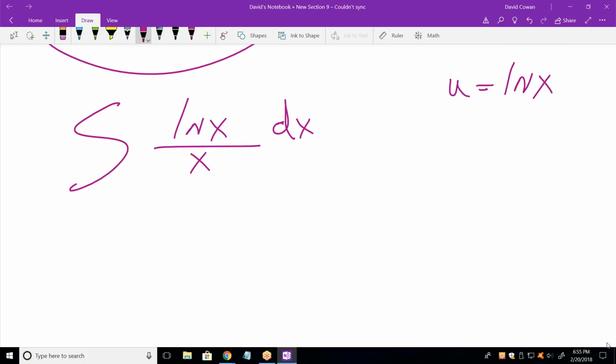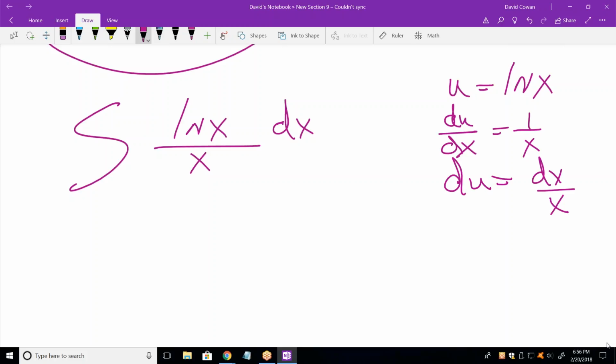So if we let u be the numerator, watch what happens. du/dx equals 1 over x. So du equals dx over x. Now I'm going to do it the old way. So now the x ends up in the numerator. So now when I turn this whole thing into an integral of u, I've got u in the numerator.